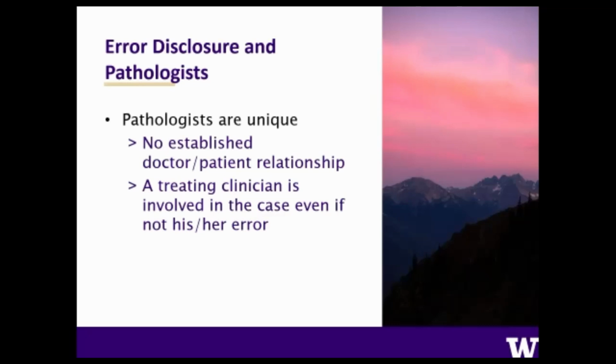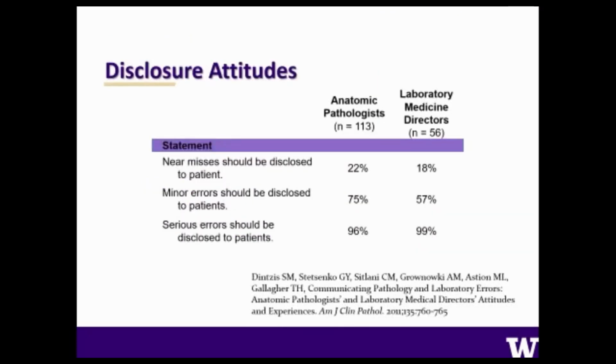So they have to disclose our errors. So we thought we would go ahead and look at the attitudes of pathologists and laboratorians towards disclosure, and we surveyed anatomic pathologists and laboratory medical directors to ask what they thought should be done in the event of different types of errors. So should near misses, minor errors, or serious errors be disclosed?